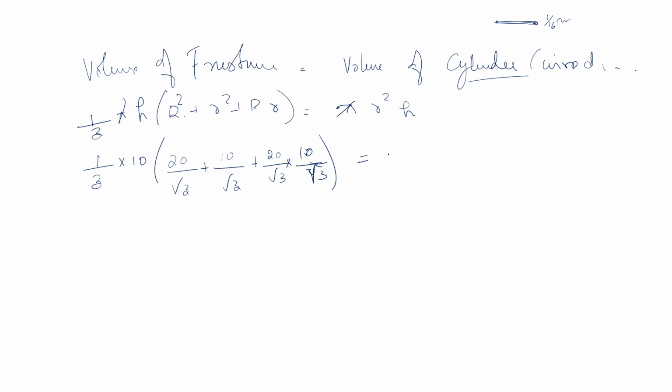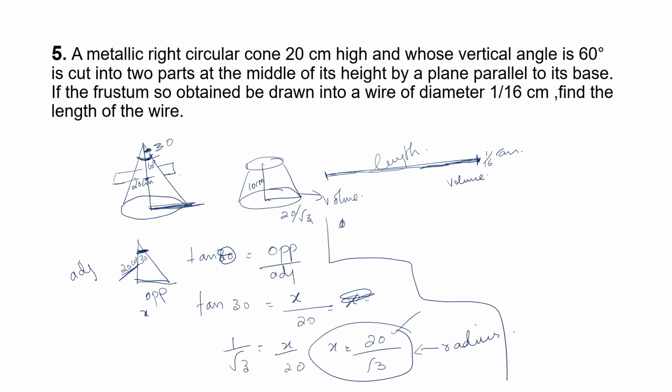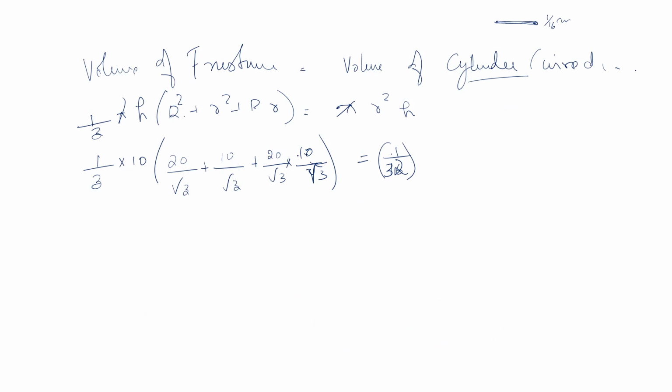Then this side, this r is 1/16, the diameter is 1/16, so please note the radius will become 1/32, the whole square, into this height. This height we don't know.